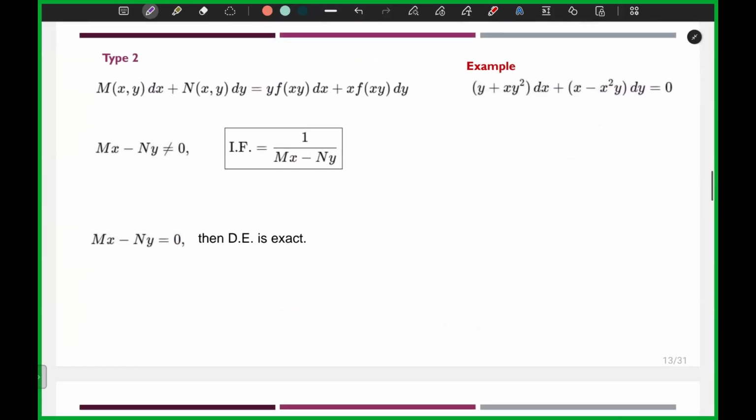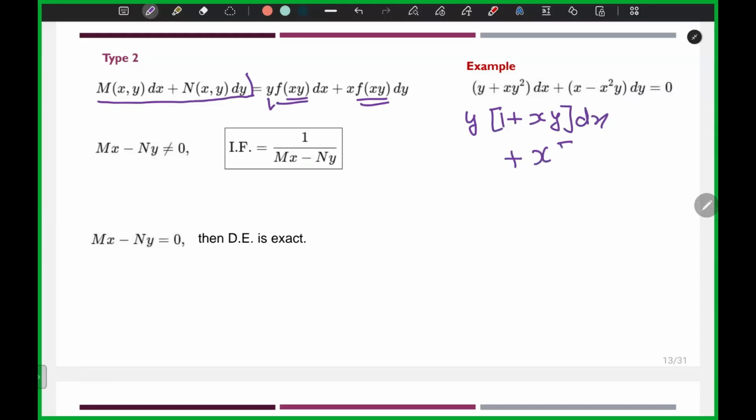Now second part. When the given differential equation is of the form y into some function of xy dx plus x into some function of xy dy. Here we can write (1 plus xy) y dx plus x, taking common, (1 minus xy) dy equals 0.